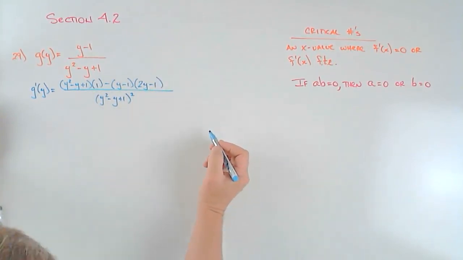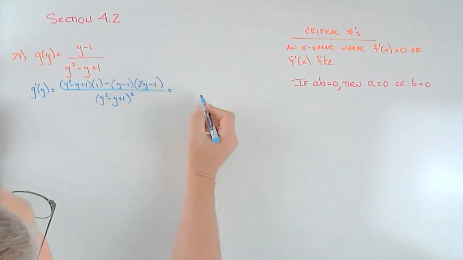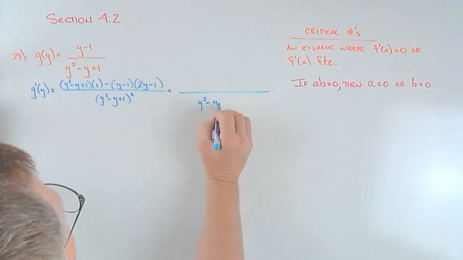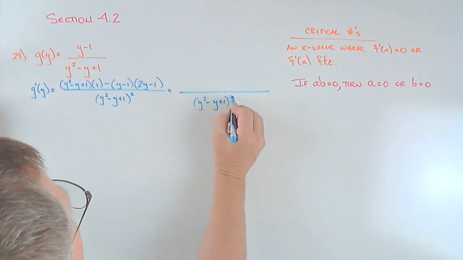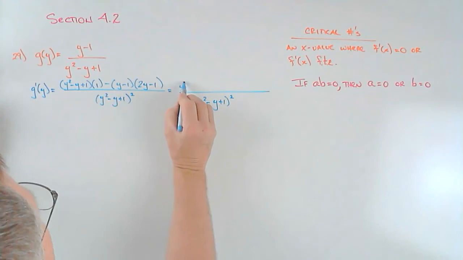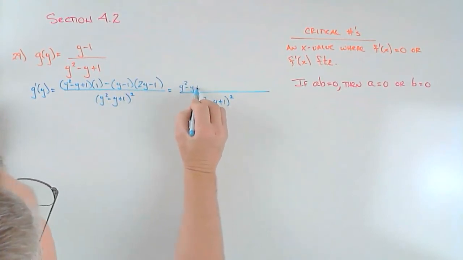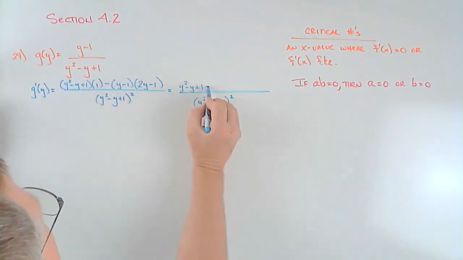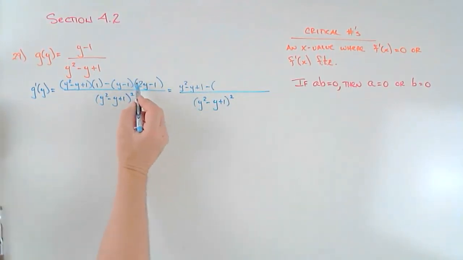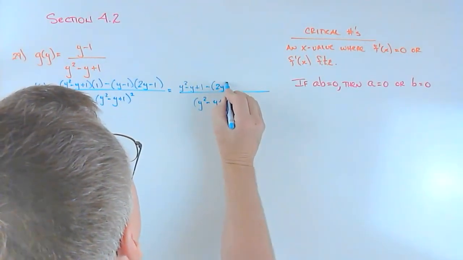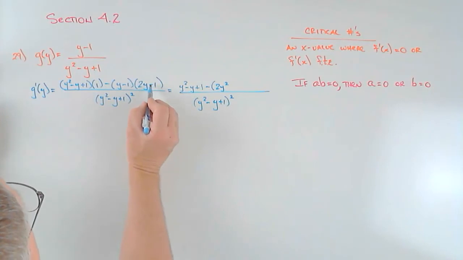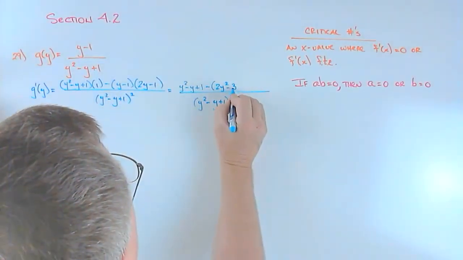And now we have some algebra, right? We don't expand the denominator, so that's going to be y squared minus y plus 1, squared. We're going to multiply here, but when we distribute the 1, all we get there is y squared minus y plus 1. Here we have minus. Don't forget your grouping symbol because it's minus this product. That's going to be 2y squared. Negative 1 times 2y is minus 2y. Negative 1 times y is minus y.